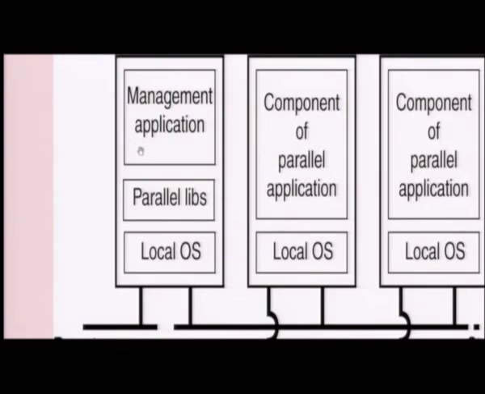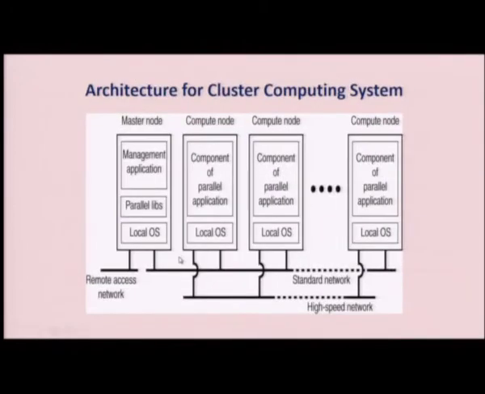This is a better view of the way in which we talk about managing applications, parallel libraries, and the local OS. Everything is there, and what we need to understand is that they are all equally capable nodes which are connected. A lot of processing happens independently in each node, based on its own clock and its own way of operating.